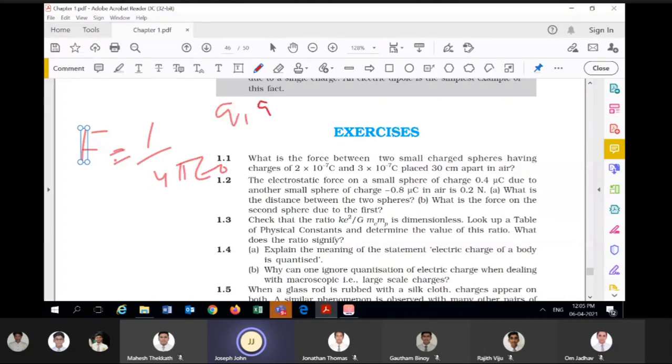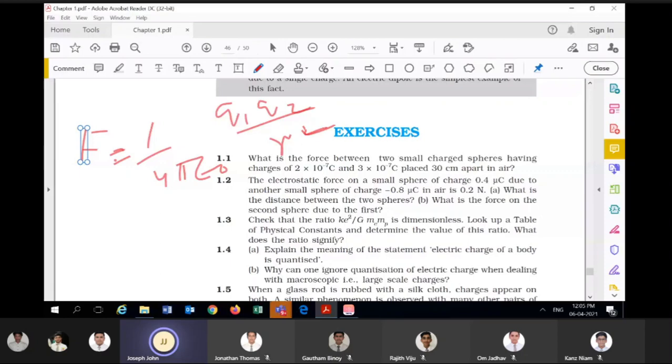Then I put the values. 1 by 4 pi epsilon naught, I can take it as 9 into 10 raised to 9, which should be in the numerator, not in the denominator. Please remember that. Q1 is how much? 2 into 10 raised to minus 7, into 3 into 10 raised to minus 7.